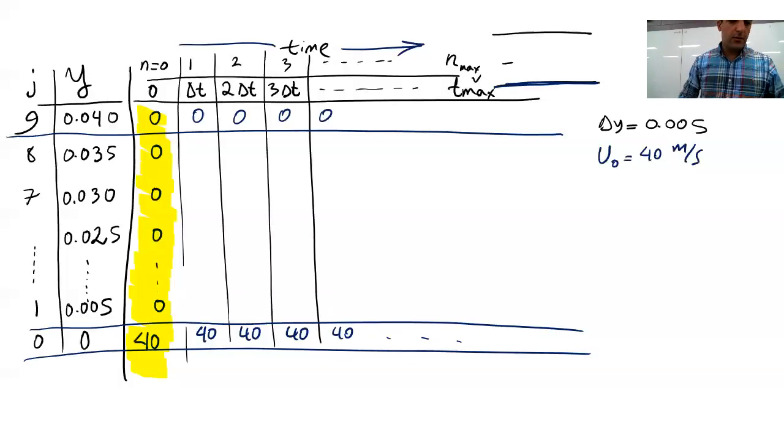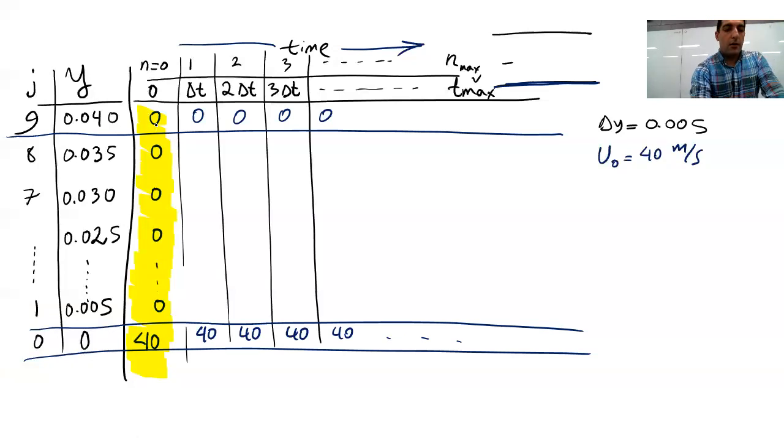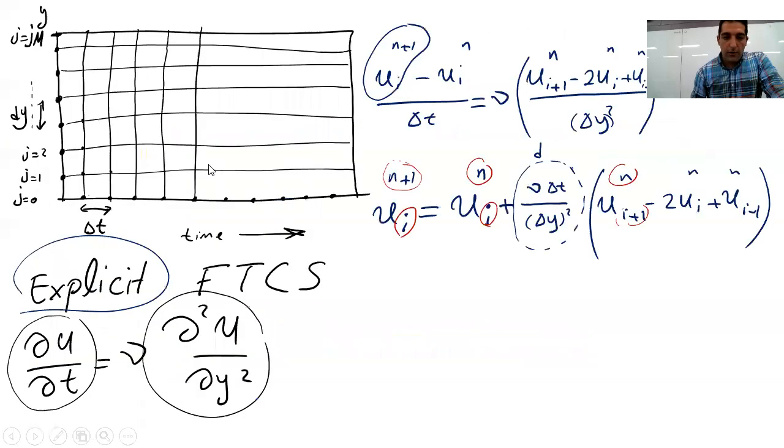So far, we have the initial condition and the boundary conditions on top and bottom. Now, all we need to do is start calculating the nodal values for each node at delta t equal 1, delta t equal 2, all the way forward.